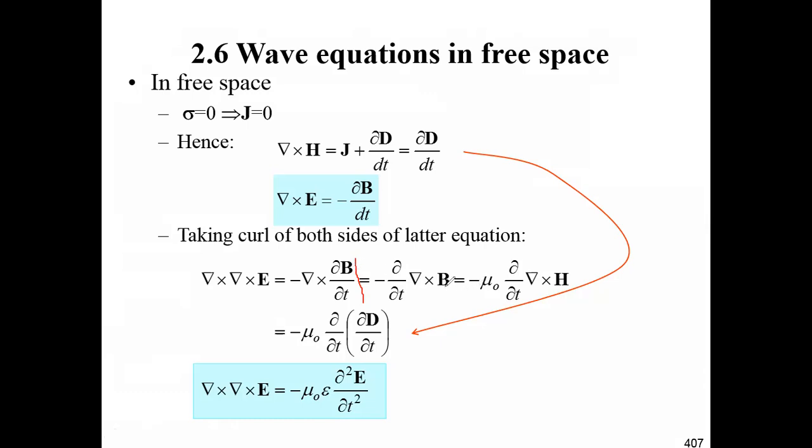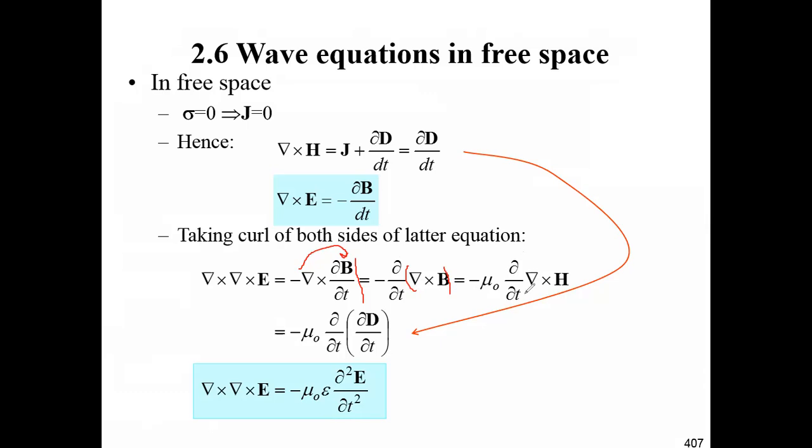So now it becomes del by del t of del cross B. These two are interchangeable by the rule of mathematics: this del by del t and this del are interchangeable, meaning you can take this outside and this del inside. Are you getting my point? Yes, sir. So, interchanging, I am writing del upon del t times del cross B. See here, right? Yes, sir. So now B can be replaced by mu naught times H.